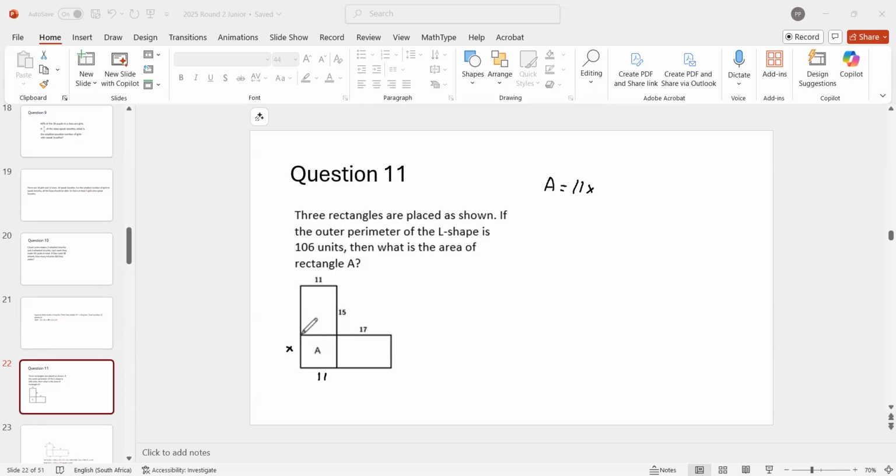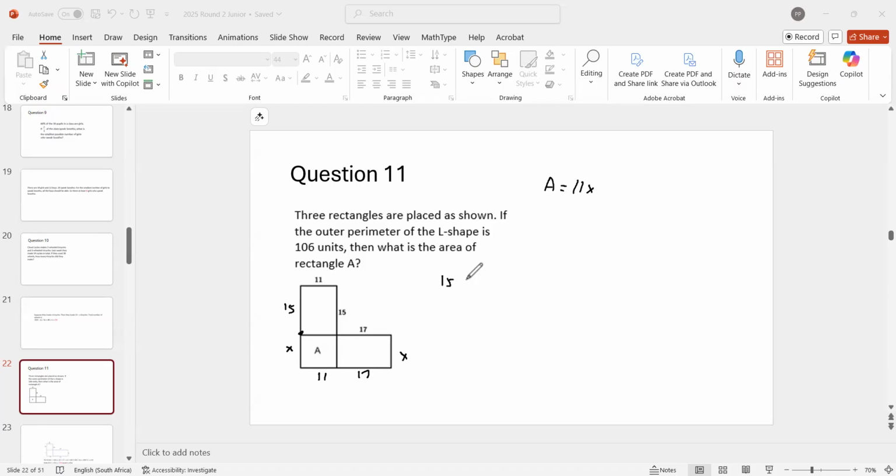So if we start here, from here to here is 15. With 11, 15, 17. And here it will be x. It's the same as the other one. And then it comes down here. And this is 17. And there's 11 here. And x here. So the perimeter is, to go right round, it's, if you want, you can see it's 15.